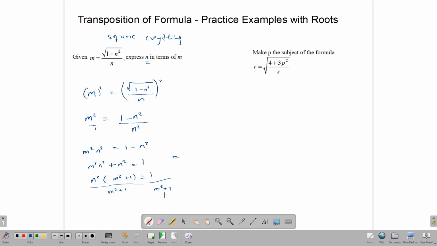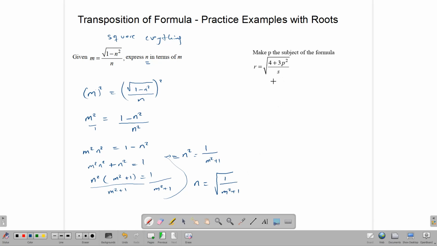This gives us, writing it up here, n squared is equal to 1 over m squared plus 1. And to finish up our answer, what we do is that we simplify the square root of n to give us n is equal to the square root of everything under the root sign, 1 over m squared plus 1.